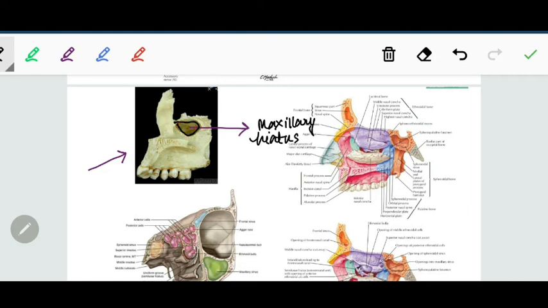It is quite a large opening, but when this maxillary bone is articulated, that means when it is joined to other bones of the nasal cavity, then the maxillary hiatus is reduced in size by the following bones. What are the bones?